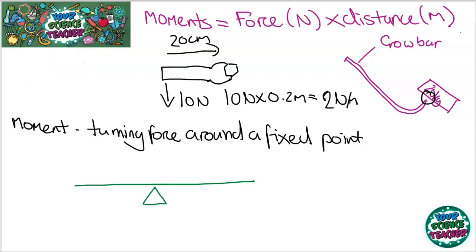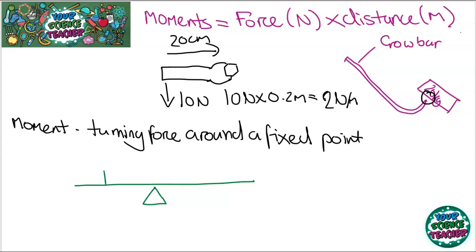If a seesaw is at rest, you can calculate the distance or the weight of a person by using the fact that if it's at rest, the moments will be equal for each of them.